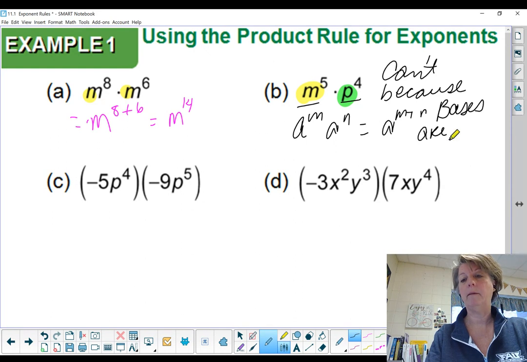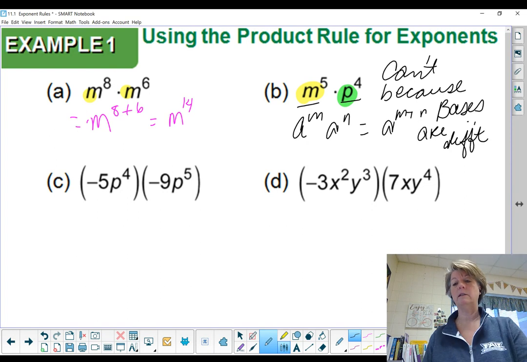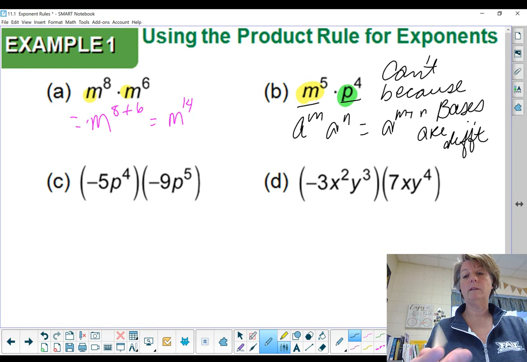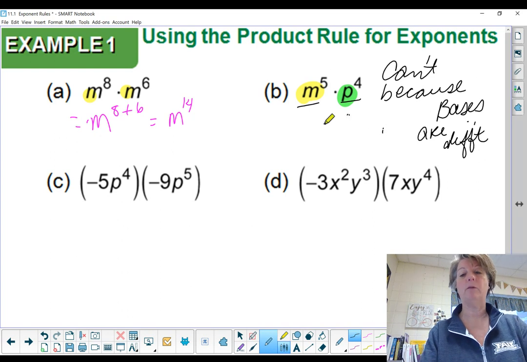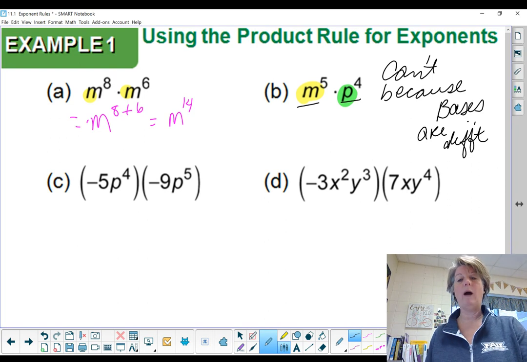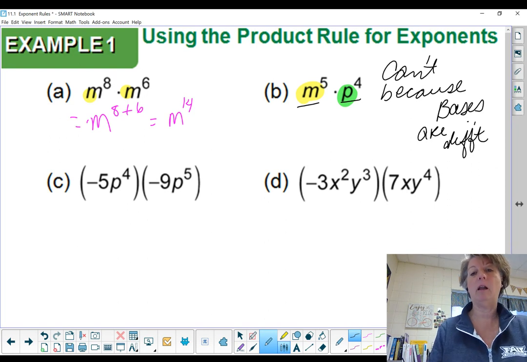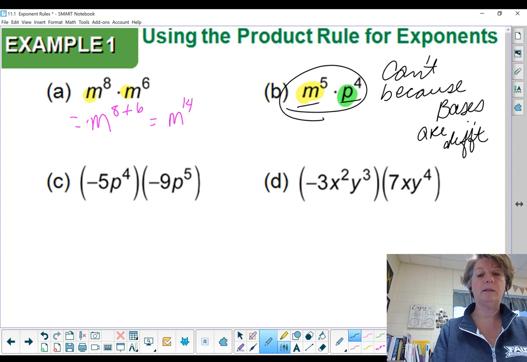All right, bases are different. I would encourage you to put those little notes in your notes as well. It just helps when you're looking back at it, maybe as you're doing homework, to say, oh, why didn't I finish that one? Why didn't I call it 9th power? Well, now you'll know. So this is the answer.